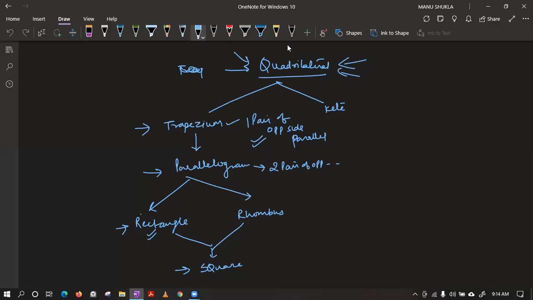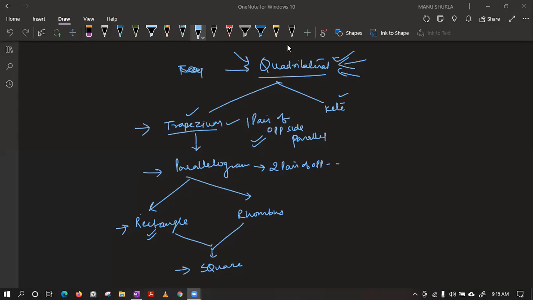Okay, so quadrilateral is the first member of the family. Then we have two bifurcations. We can say all trapeziums are quadrilaterals. Class, do you agree with me? Now, can we say all quadrilaterals are trapezium?